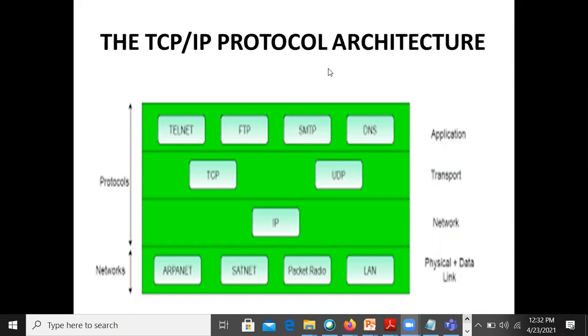So there will be a particular format for mail. The rules and formats will be defined by some application protocol. Here SMTP is there, that is simple mail transfer protocol.